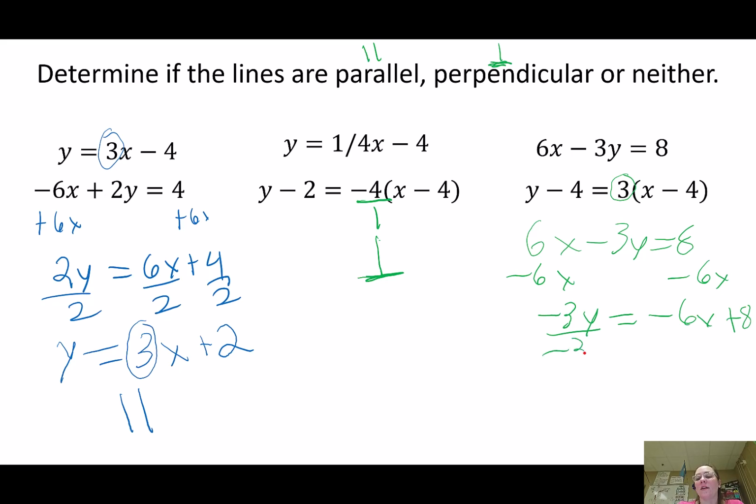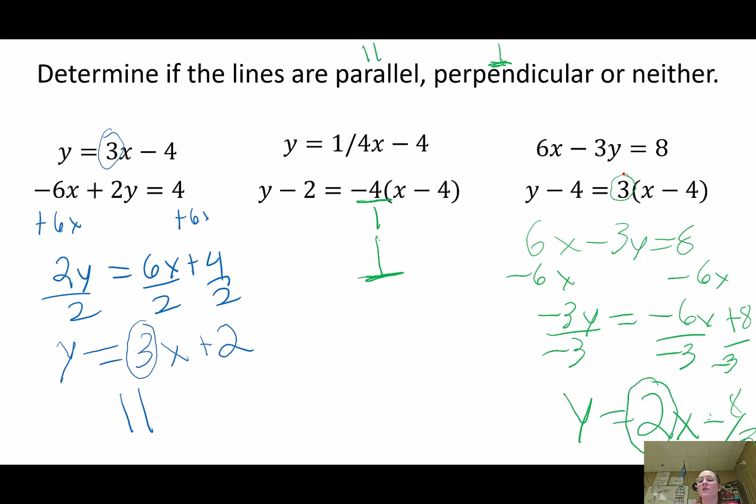And then I have to divide everything by a negative 3. And I get y is equal to, well, negative 6 divided by negative 3 is a positive 2x. And we can't simplify that, so I'm just going to leave it as negative 8/3. This would not be a fun one to graph. But we're only looking at slopes.